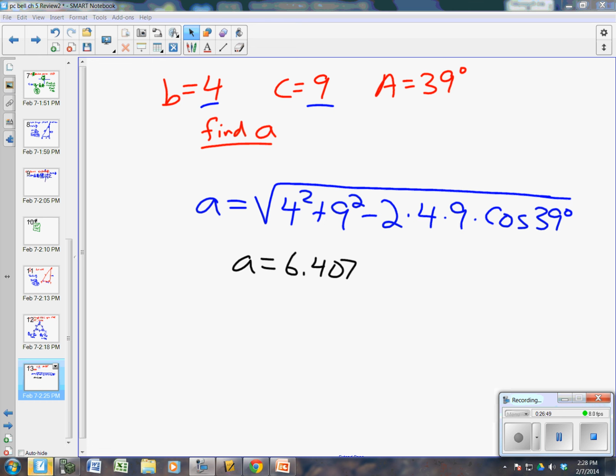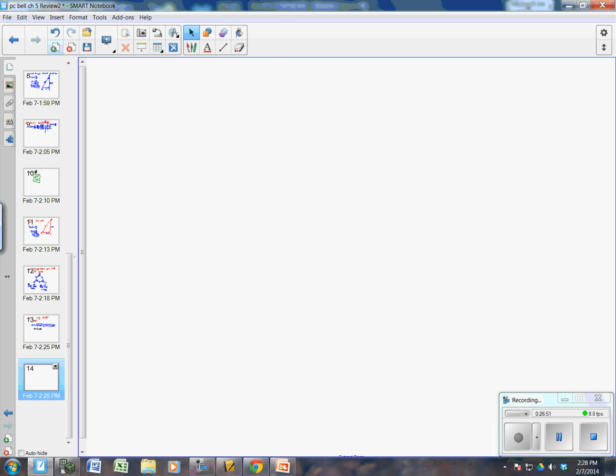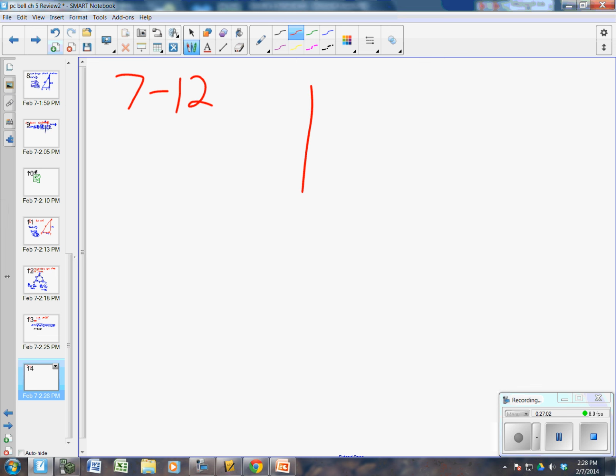Okay. Hey, you guys, there's some diagrams you need to draw on here. I forgot to put them on here, but okay. So, problems 7 through 12, are you going to use this diagram right here?